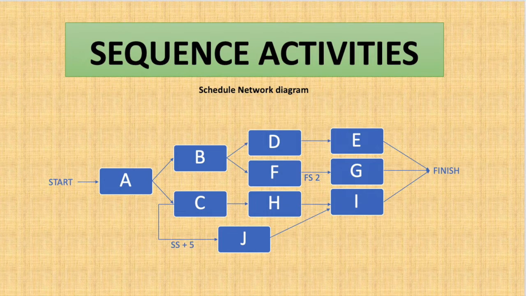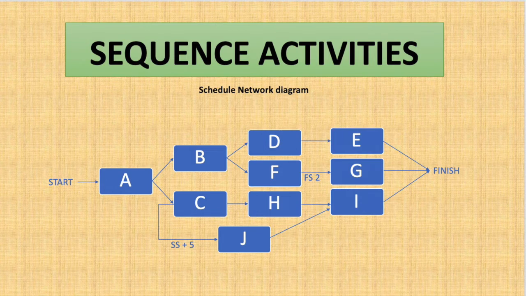So we will finish activity F and then start activity G. But we will not wait until activity F is 100% complete. 2 days before completion, we begin activity G. So this network will help us understand successor and predecessor activities, lead and lag time, and their relationships.